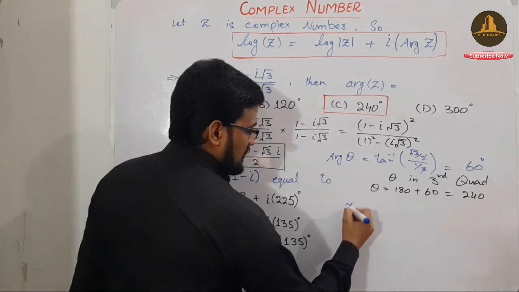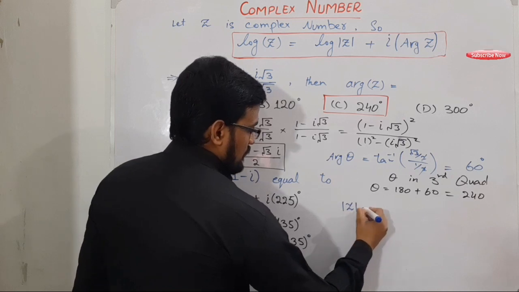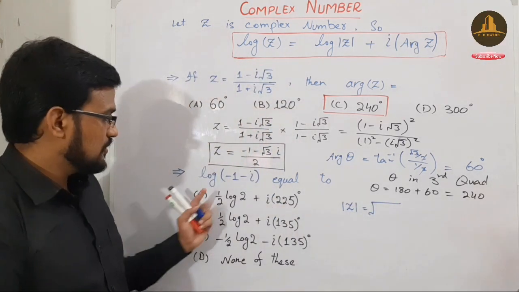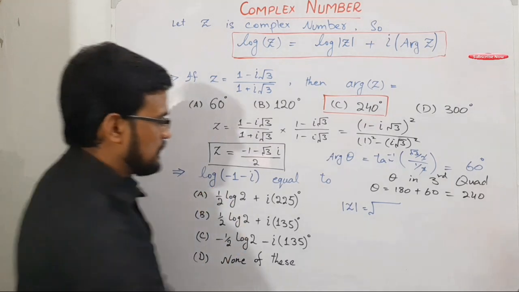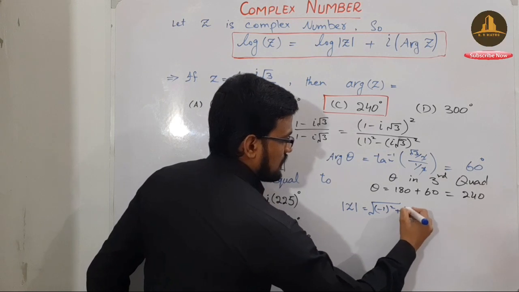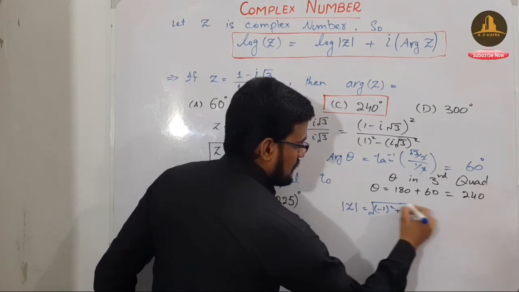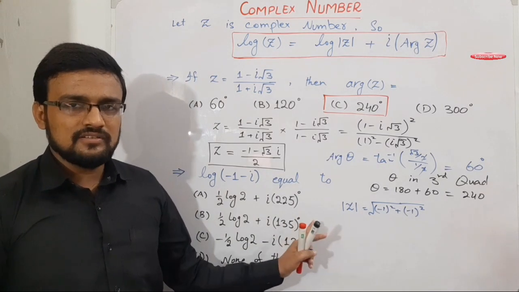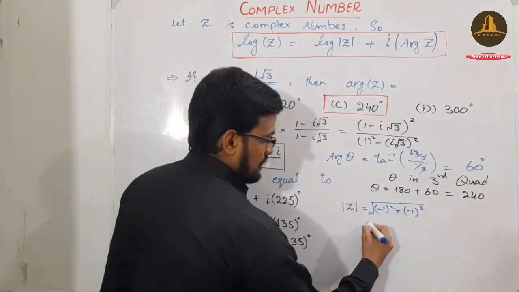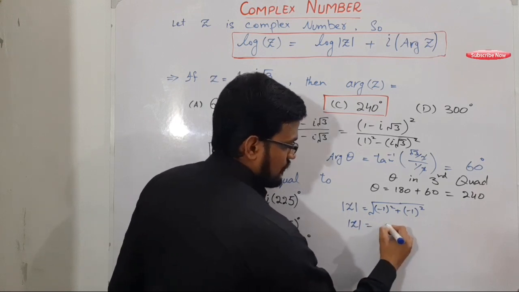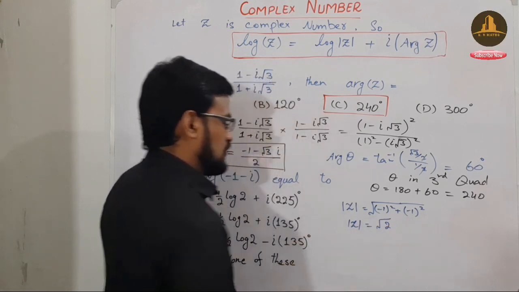First, find the modulus of z, which is the square root of the squares of the real and imaginary parts, minus 1 square plus minus 1 square. The formula of modulus is also given in my previous lecture. So it is square root 2.